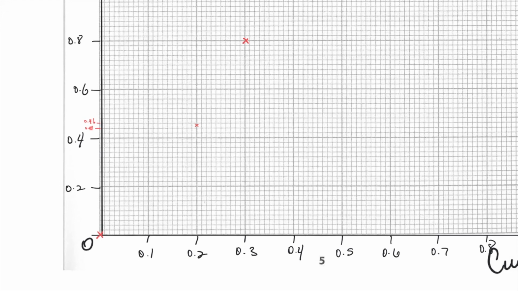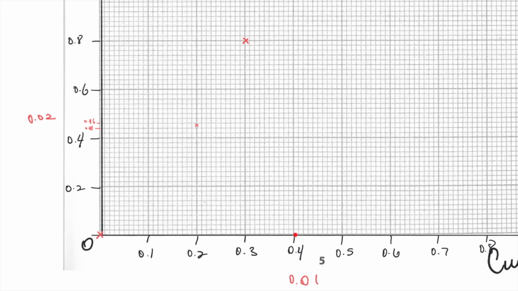Now our next point is 0.45 and 1. So we have 0.4 and we have 0.5. We have to look for 0.45. Now we already said that everything here is 0.02 and everything here is 0.01. By everything I mean the tiny boxes. So if we want to find 0.45, then we count in between.